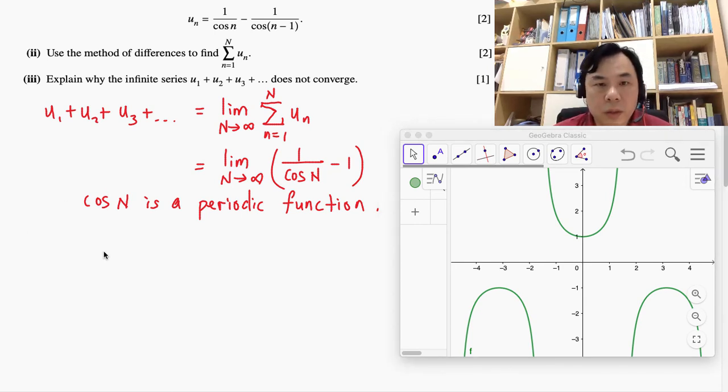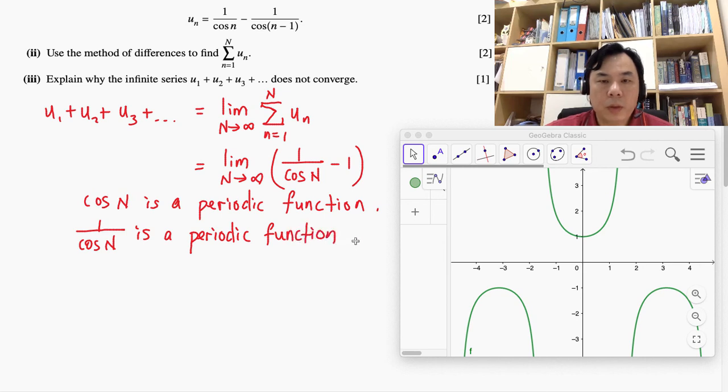I'm going to write down here. Since cos n is a periodic function, there will not be any limit here. So this is a periodic function also. And because it's a periodic function, it fluctuates up and down.